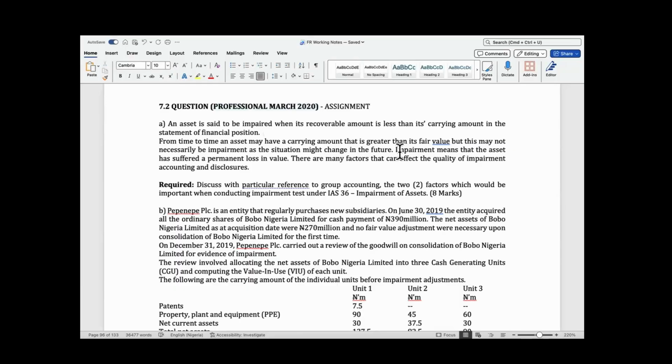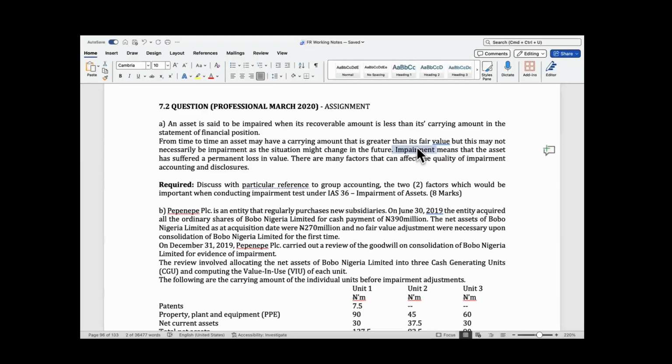Yes. But that's not impairment. That's more like a valuation deficit. But impairment means that the asset has suffered a permanent loss in value.